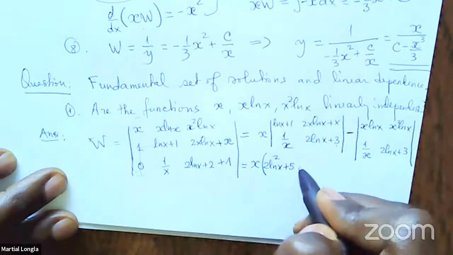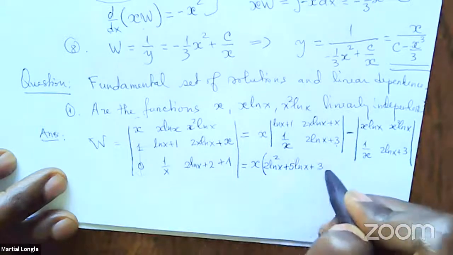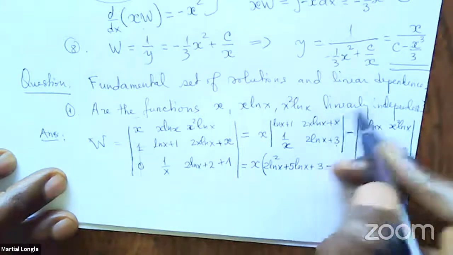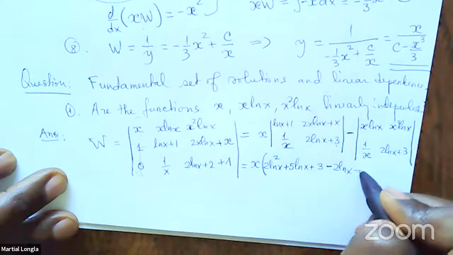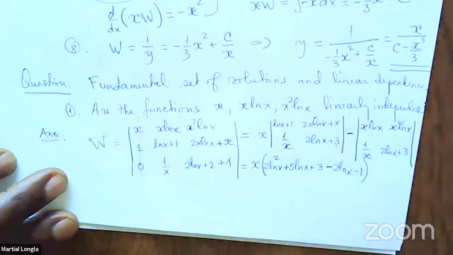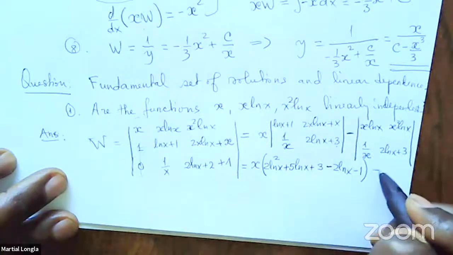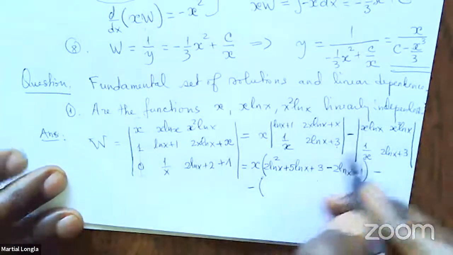That's plus 5 natural log of x plus 3 minus 1 over x to multiply by that. You get minus 2 natural log of x minus 1. That's the determinant that is inside, and then you get a minus, and you compute this guy.